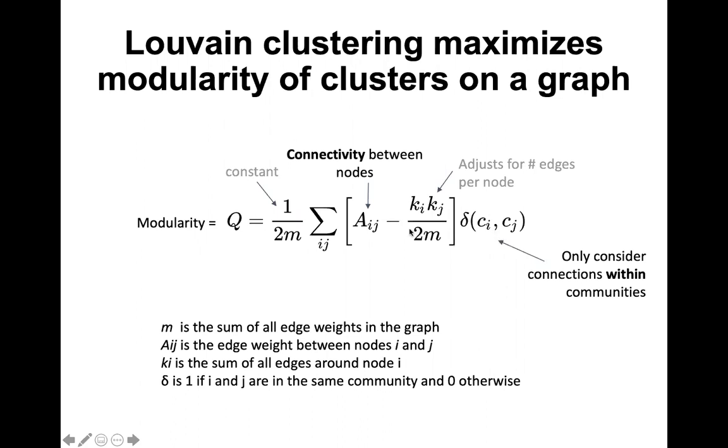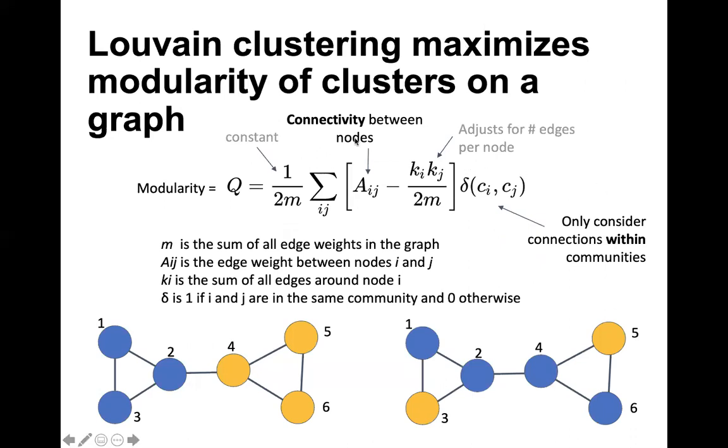The basic idea is we want to look at the connectivity between nodes within the cluster, adjusting by the average number of edges per node, that degree we were talking about earlier. Because if you have a high degree, you're going to have more edges within the cluster.